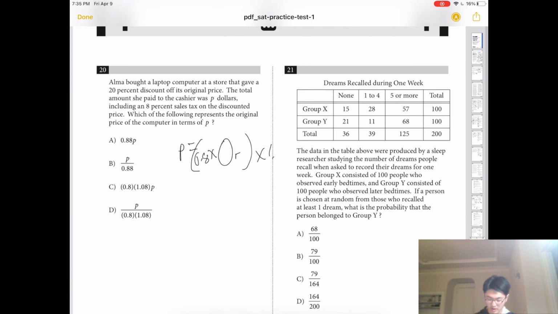Okay, 1.08. So the original would be P divided by 0.8 times 1.08. So the answer would be D.